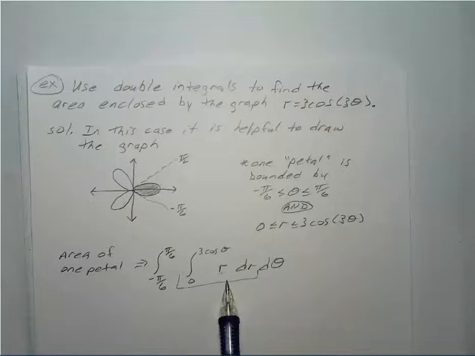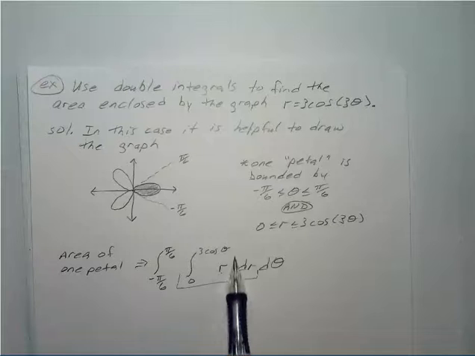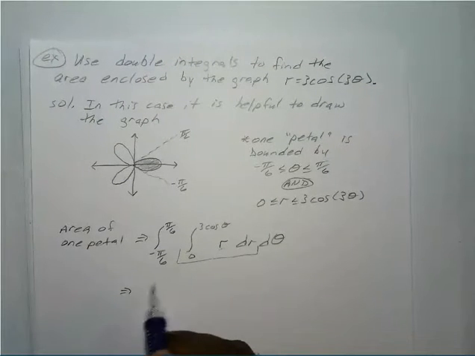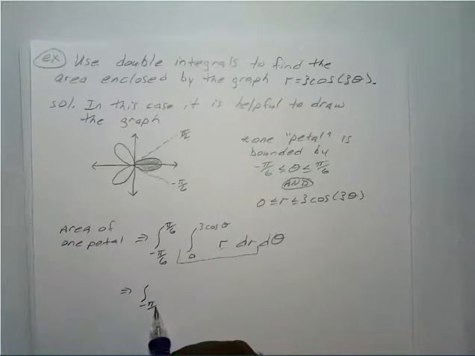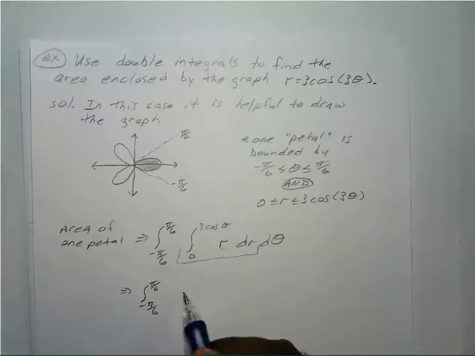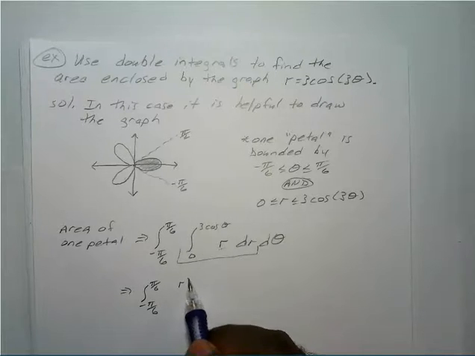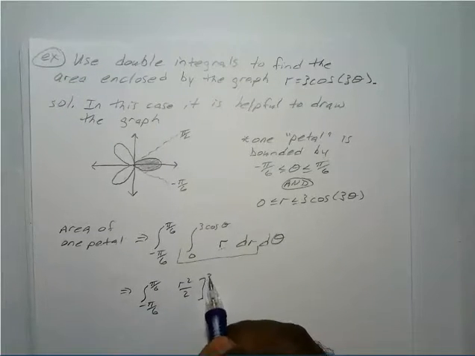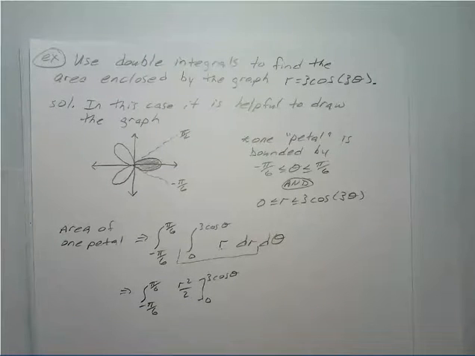Because if we integrate with respect to r, it's just r squared over 2. So from negative pi over 6 to pi over 6, we have r squared over 2 from r equals 0 to r equals 3 cosine 3 theta, and of course that's our d theta.